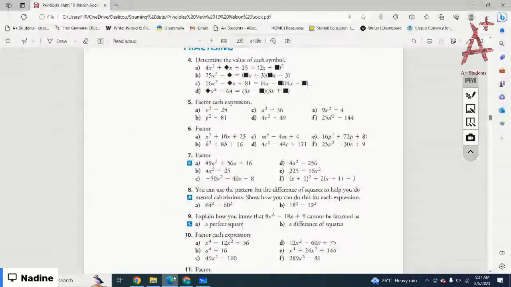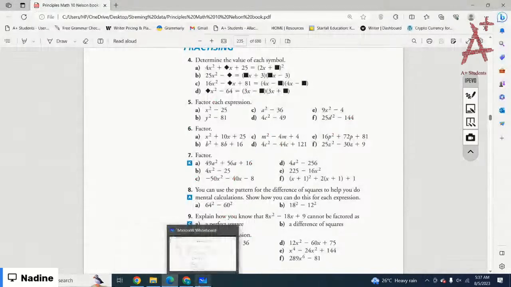Okay, the next one is question number 9. Explain how you know that 8x square minus 18x plus 9 cannot be factored as a perfect square or as a difference of squares. 8x square minus 18x plus 9.